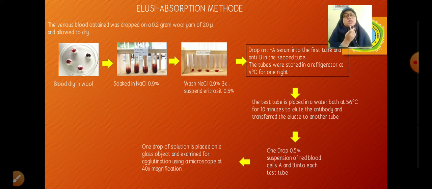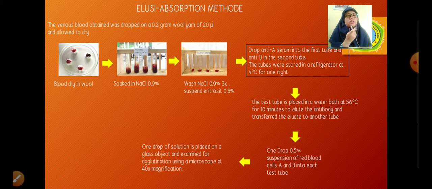I soak the dried blood wool in physiological sodium chloride, and then I get a suspension of erythrocytes after washing with physiological sodium chloride three times.